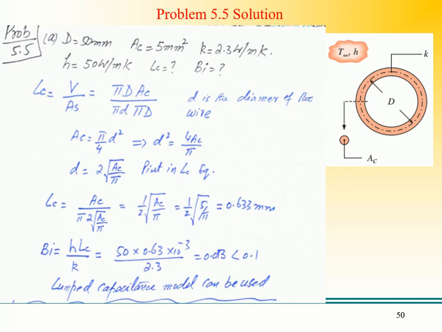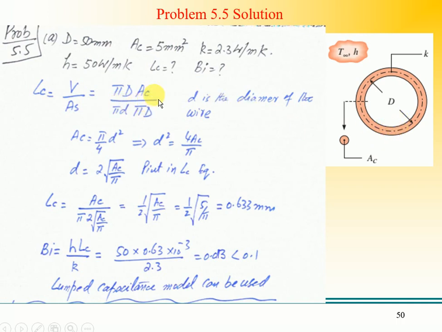So the average diameter is given to you, D. So the height becomes 2 pi r or pi D, right? And the base area is the cross-sectional area, pi by 4 d square. Small d is the diameter of this wire or thickness of this toroidal, right?